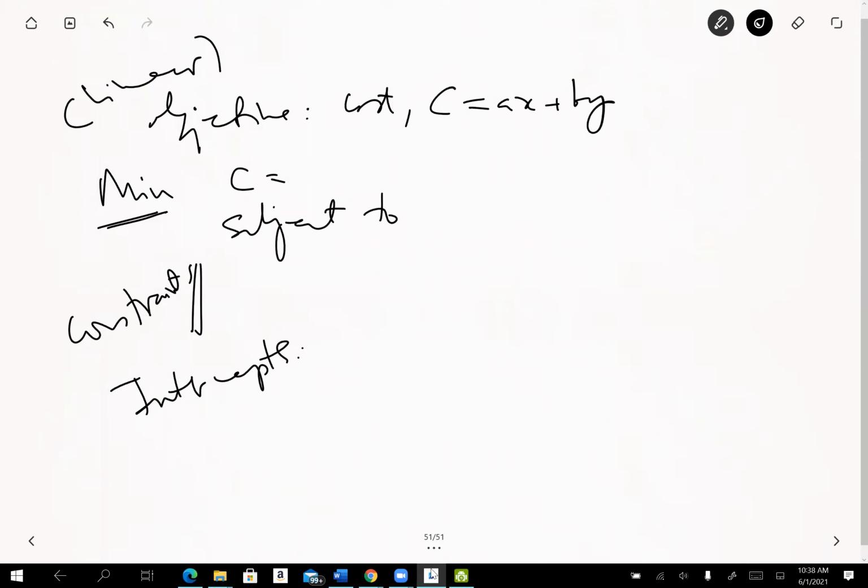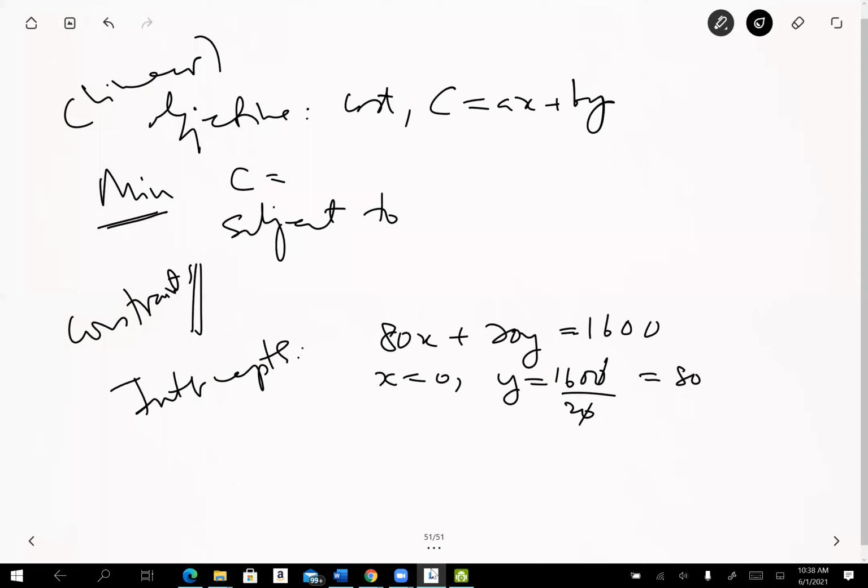For the first inequality, you got 80x plus 20y equal to 1600. Now, when x equal to 0, y equal to 1600 divided by 20, that will be equal to 80. So our y-intercept here is 0, 80.